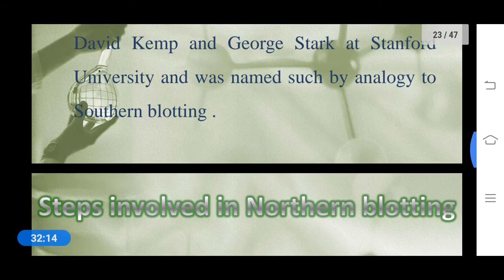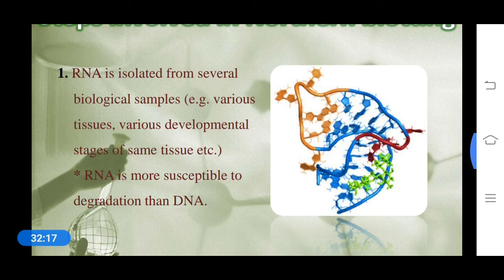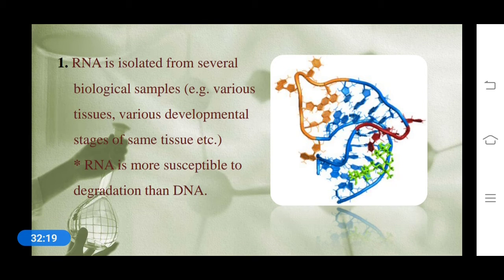specific RNA sequences. In the stepwise Northern blotting method, first RNA is isolated from different biological samples.